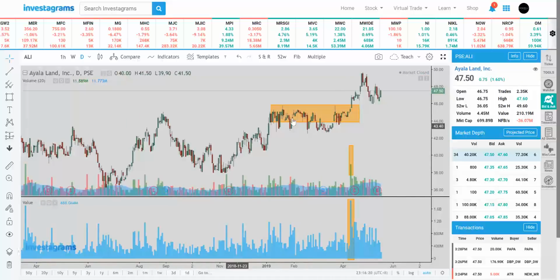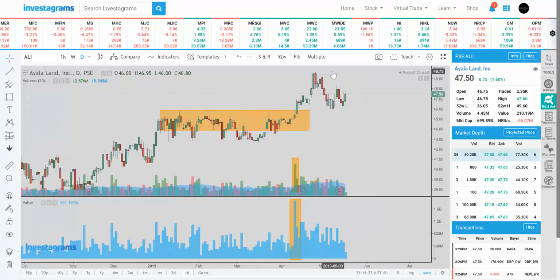So besides looking at the patterns in price plus the volume, it's also essential that we know where the money of the market is flowing. So for the past 20 days, bulk of the value of the money is going to Ayala companies. So that's something interesting.